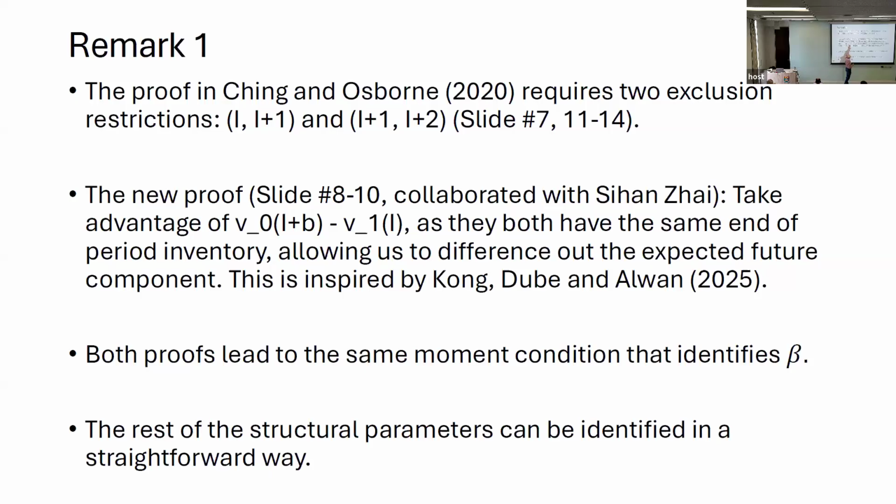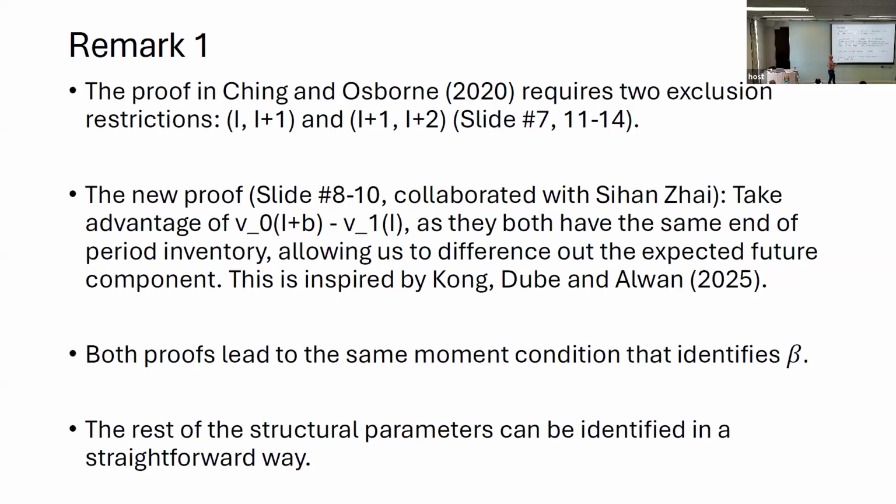One is the alternative specific value function of choosing not to buy, evaluated at I plus B, where B is the number of units in a package, minus the alternative specific value function of choosing to buy at inventory level I. When you look at this difference, these two actions at these two different states lead to the same end-of-period inventory levels.